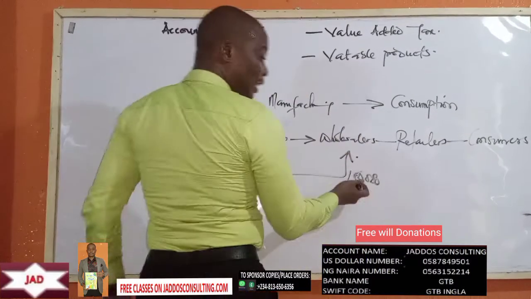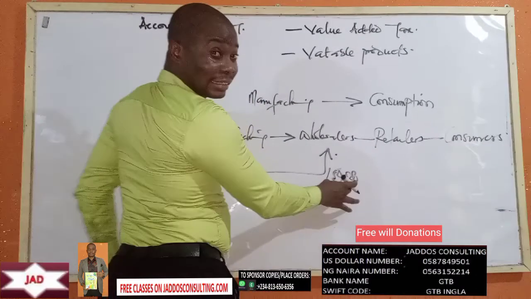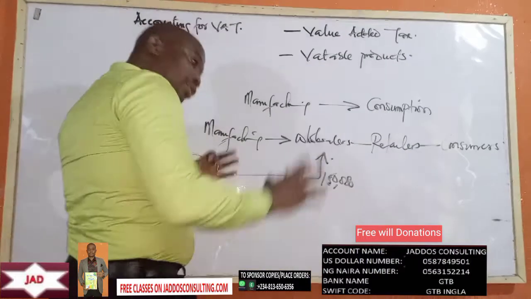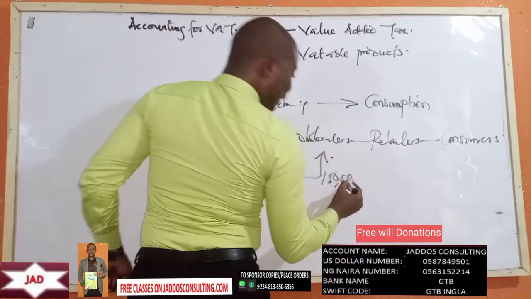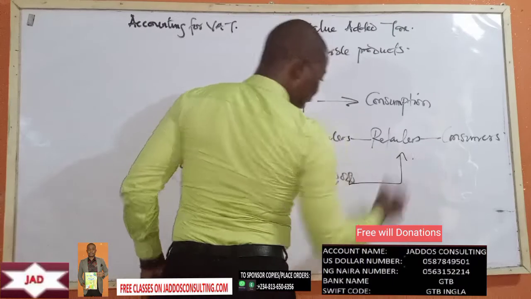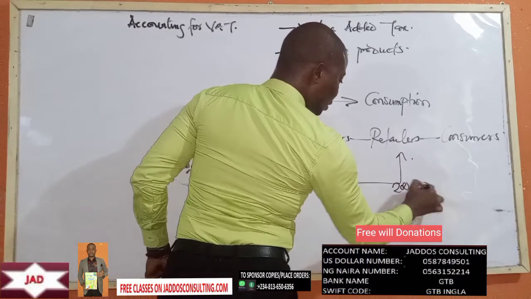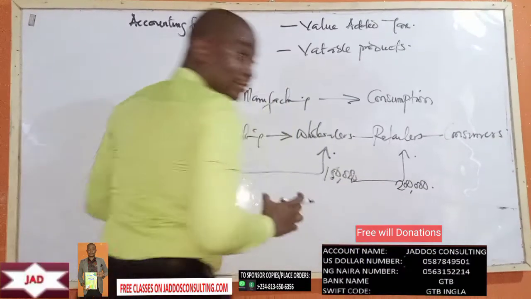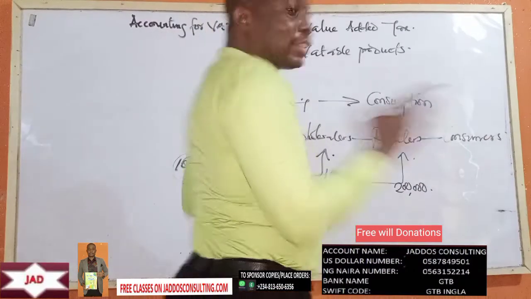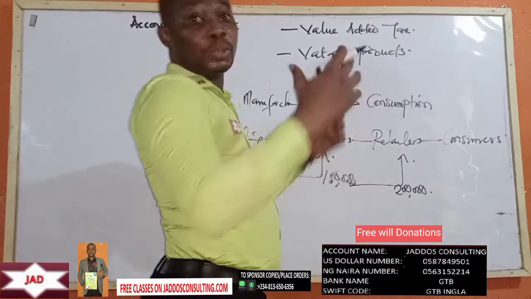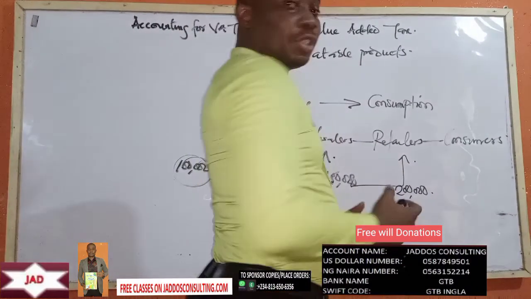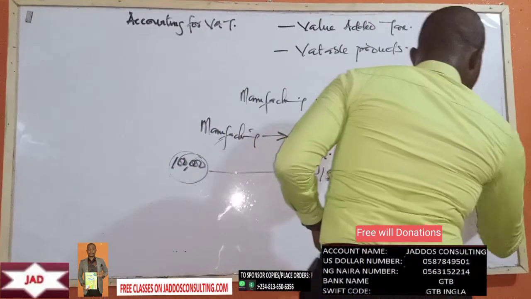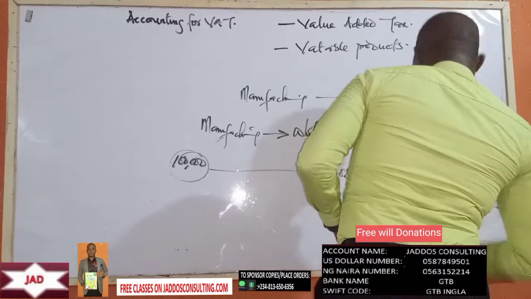Now the wholesaler also gets it, does some sort of innovation, adds some value, and then moves it to the retailer, let's say at 200,000. Now the retailer gets it and adds some value to it, maybe innovation as well, processes and various procedures to make it more valuable, and moves it to the consumer, let's say at 250,000.